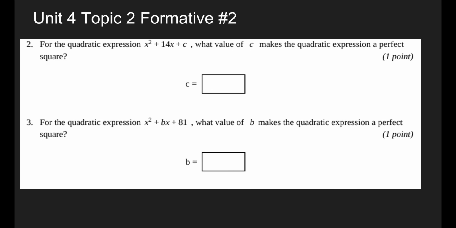Now, if students did the building the perfect square lessons and those algebra tile lessons that are right after the transformations, they're going to be okay. What we really want to see, though, is that they have used their algebra tiles to get to a procedure, and they really understand what's happening.